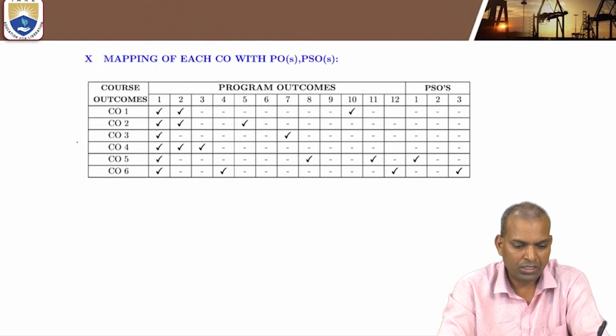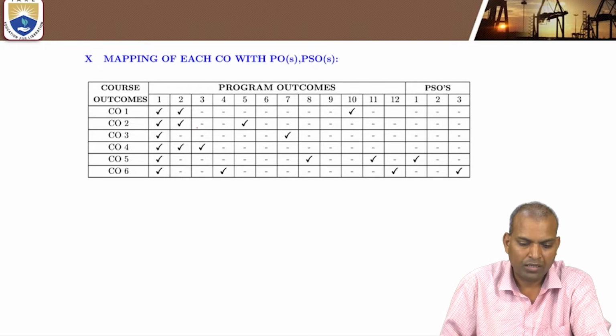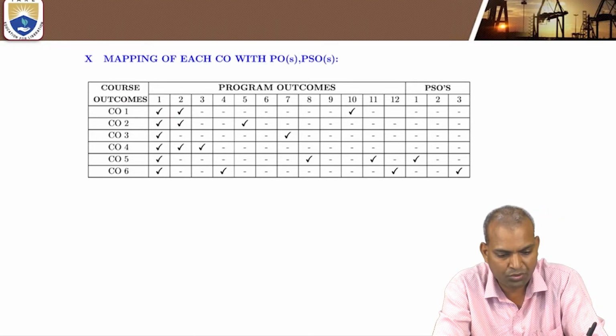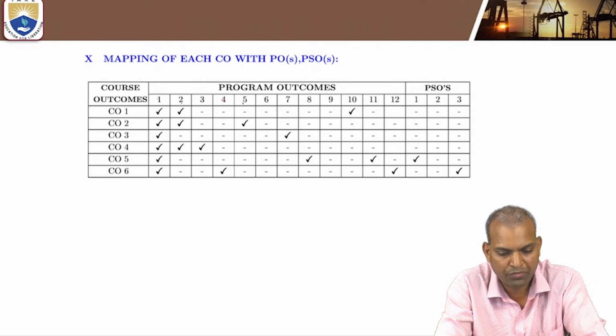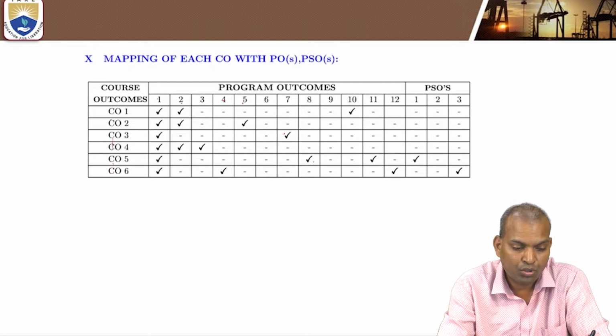So now these are the course outcomes mapped with program outcomes. Even though I have shown PO1, PO2 and PO3, in practicality we have mapped with PO1, PO2, PO3, PO4, PO5, 7, 8, 10, 11, 12 and PSO1, PSO3 with respect to this course. So PO1 is applicable to all 6 outcomes.